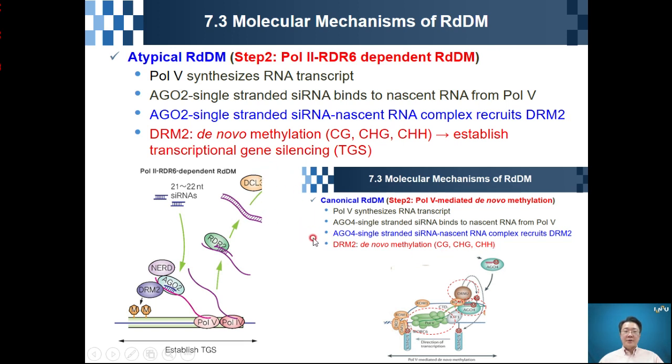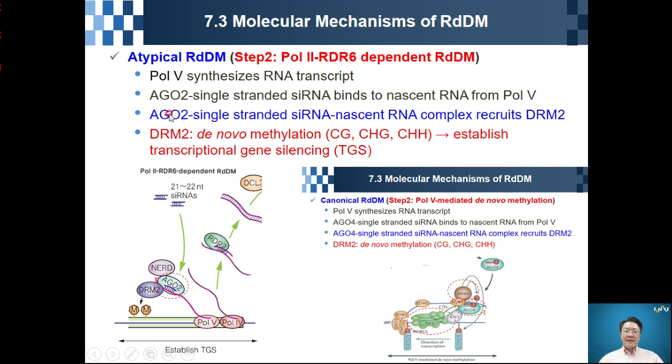How about in the atypical RdDM in step 2? Okay, step 2 is once again polymerase 5 synthesizing the RNA transcript. Then AGO2 with single-stranded siRNA is bound to the nascent RNA from polymerase 5.